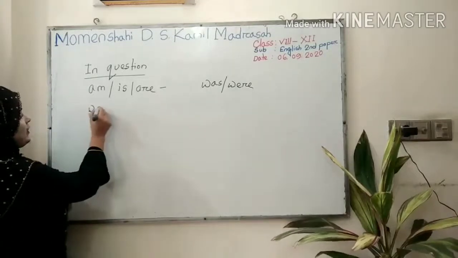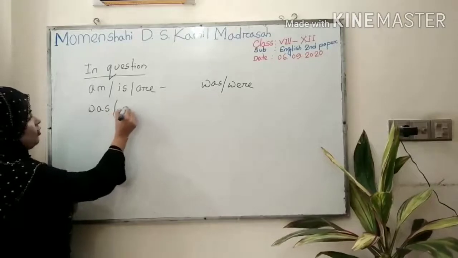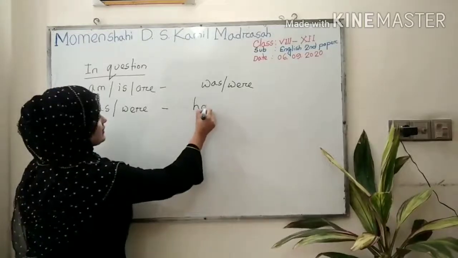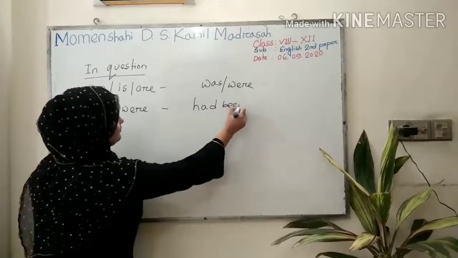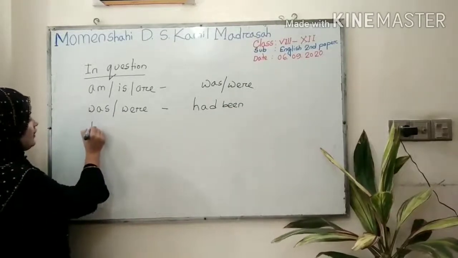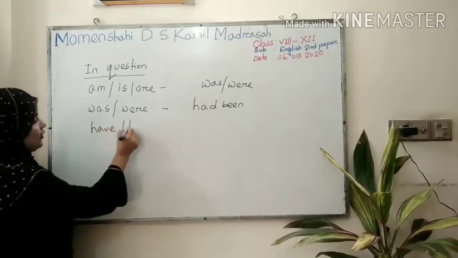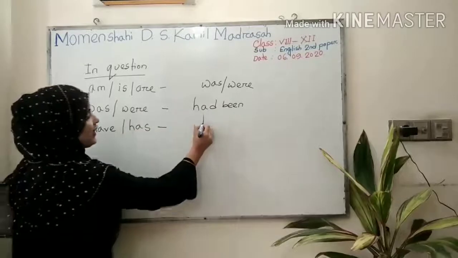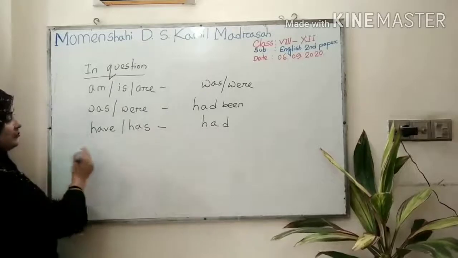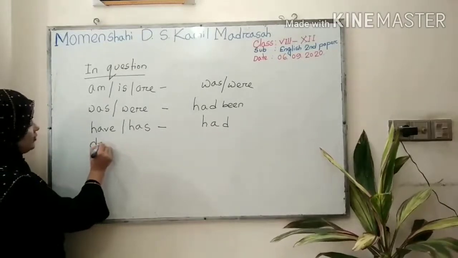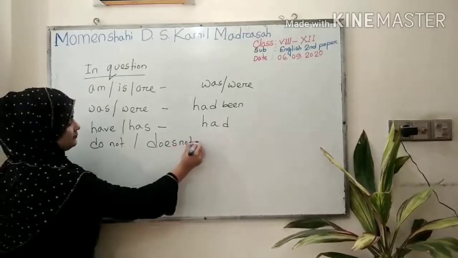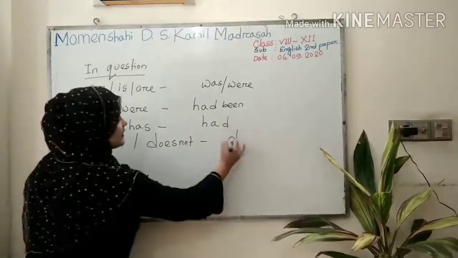And now, if you get was or were, you definitely write had been. Clear? And if you get the auxiliary have or has, you have to write had. Clear? And again, if you get the auxiliary do not or does not, you have to write did not.